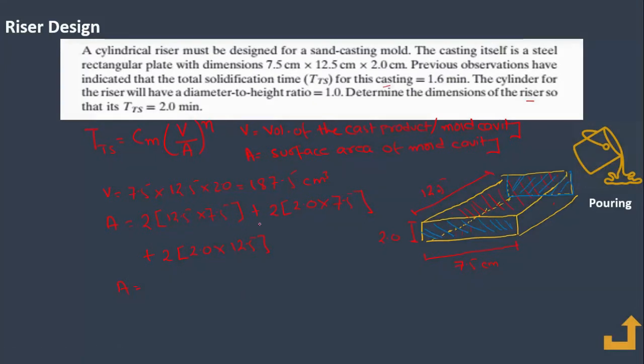So if we calculate this one, the total surface area we will get is 267.5 centimeter square. So we have two values, the surface area of our cast product and the volume of our cast product.